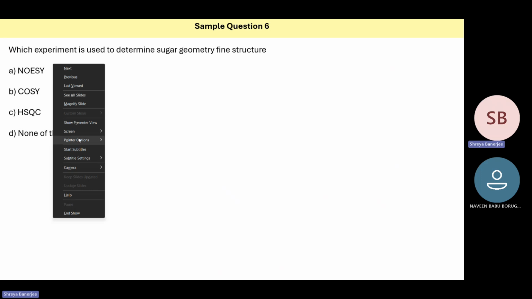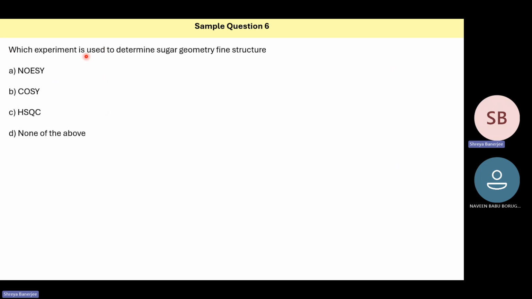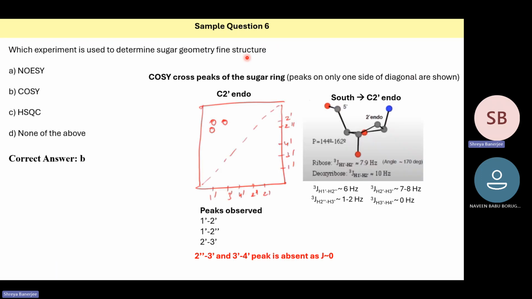Then you have a question asking, which experiment is used to determine sugar geometry fine structure? If you remember the previous class, first of all, the sugar geometry, the cross peaks, we can see by COSY. So C2 prime endo is the orientation where the 2 prime atom is above the plane.